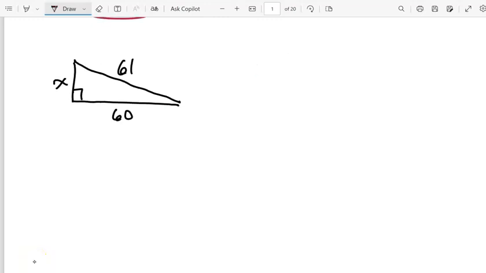Here's another example. We've got a right triangle here with a hypotenuse of 61 and a longer leg equal to 60. And so we're trying to find that shorter leg. And we could do this: x squared plus 60 squared is equal to 61 squared. However, the arithmetic might be a little bit difficult there, so we want to be able to memorize the Pythagorean triple.